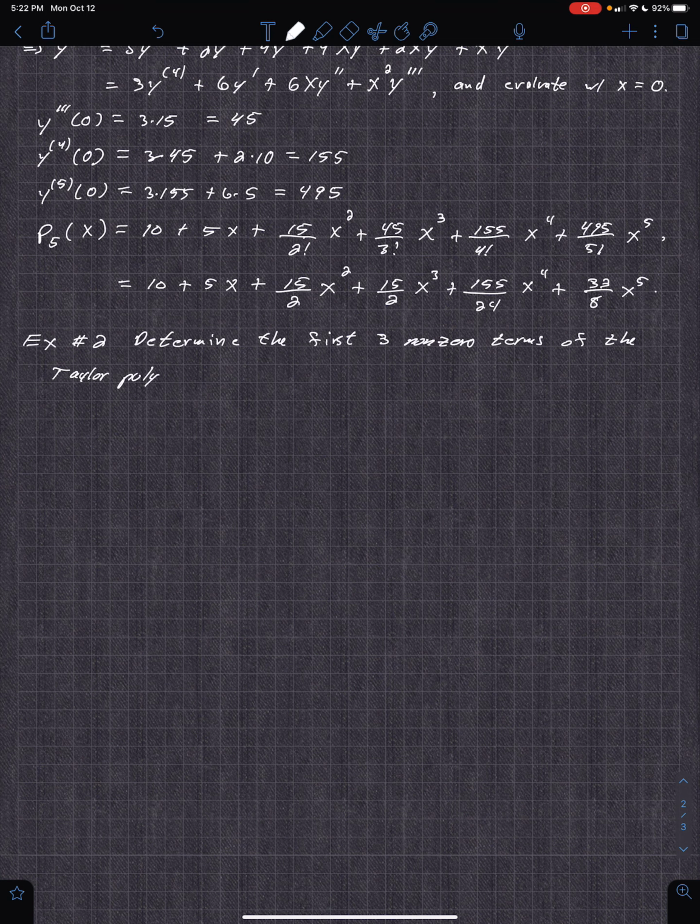So it's a Maclaurin series centered at 0. And so we're given y prime is equal to y squared. And our initial condition, y of 0 is equal to 2.